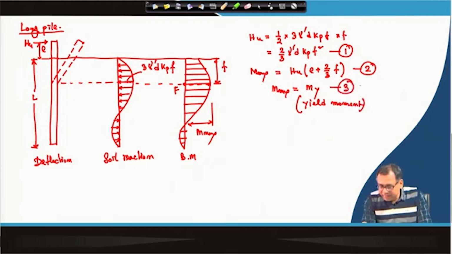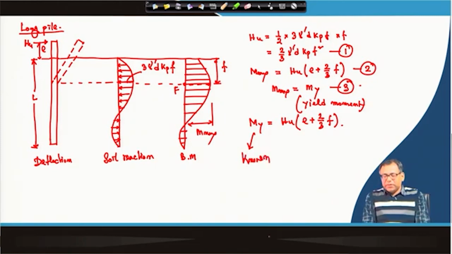So, this is the third equation. So, if I replace this, this will be my Hu e plus 2/3 of f, and this My is known. So, using equation number 1 we will get the Hu.